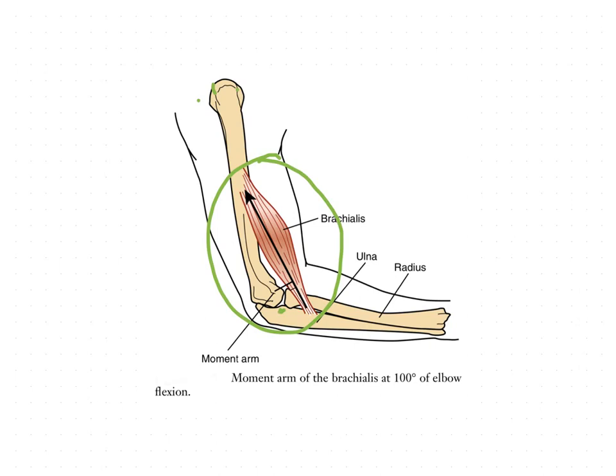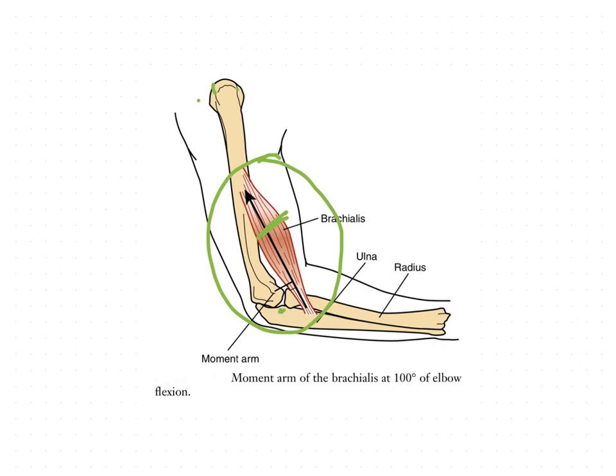And the next one is the physiological cross-sectional area of the muscle and its location in relation to the joint axis.